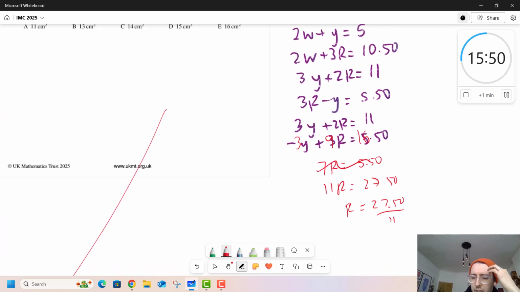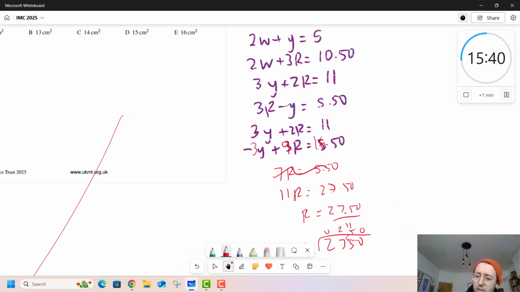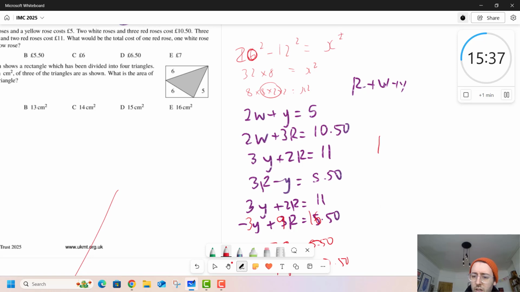So 0, 2 remainder 5, 5, 0, £2.50. So R is £2.50. So Y is £2, and W is £1.50.